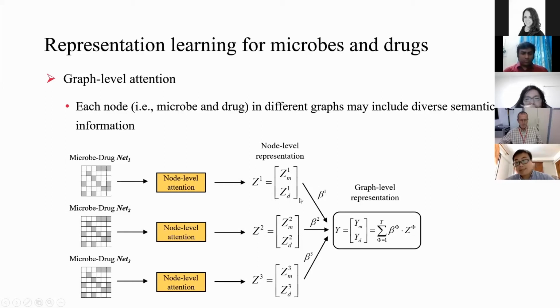And beta 1 is based on net 1, beta 2 is based on net 2, and beta 3 is based on net 3. To capture this importance bias, we further design a graph level attention to aggregate graph-specific representations. As a result, we obtain the final representation Y for micros and drugs.